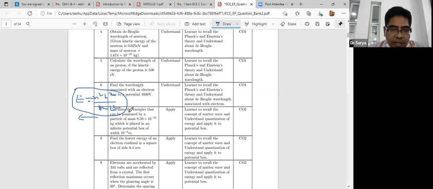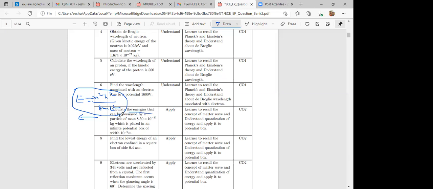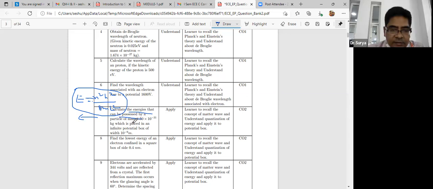So that is what: calculate the energies that can be possessed by a particle of mass 8.50 into 10 power minus 31 kg, which is placed in an infinite potential box of width 10 power minus 9 meters. You take n equals to 1.